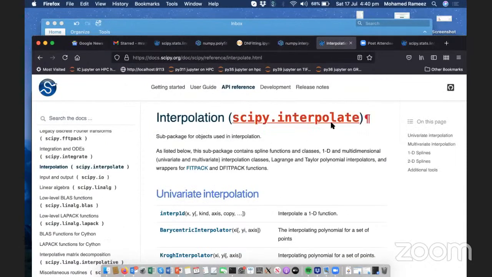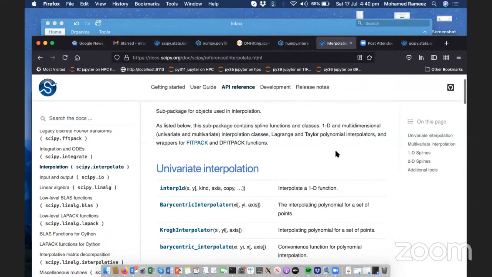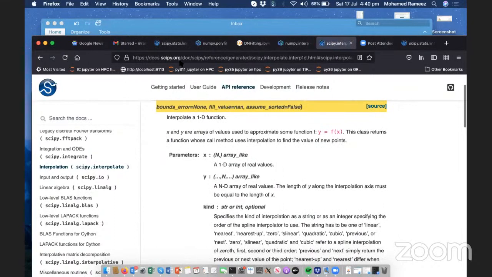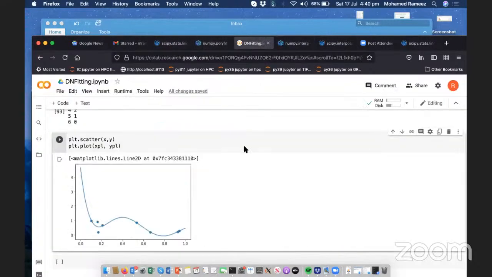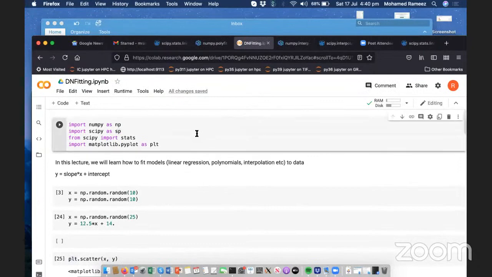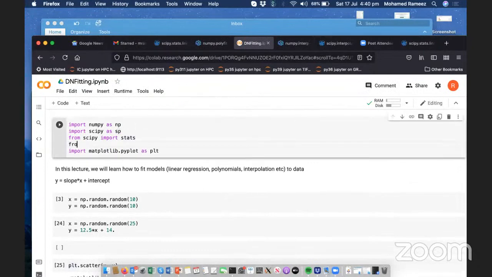These are both, I think, pretty much the same thing. But let us look at scipy.interpolate interp1d. So, import interpolate.